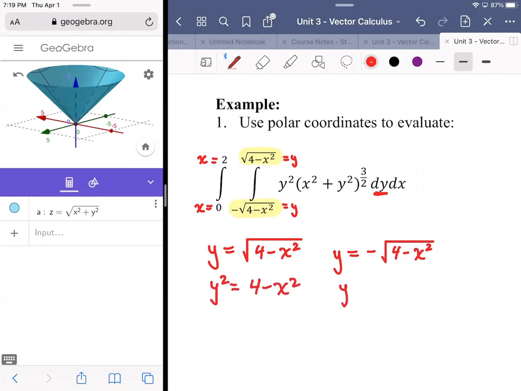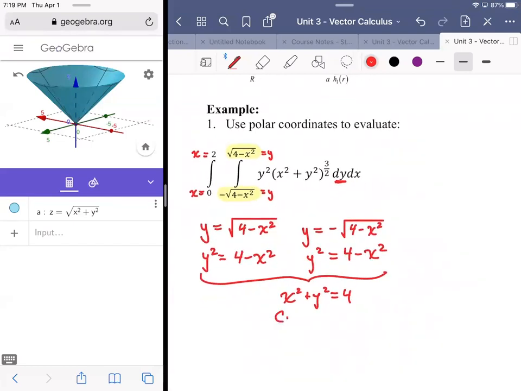Same deal for the other one. That's a nice outcome, telling me they're essentially part of the same equation. If I add x squared to both sides, I get x squared plus y squared equals 4. So that's a circle with center at the origin.